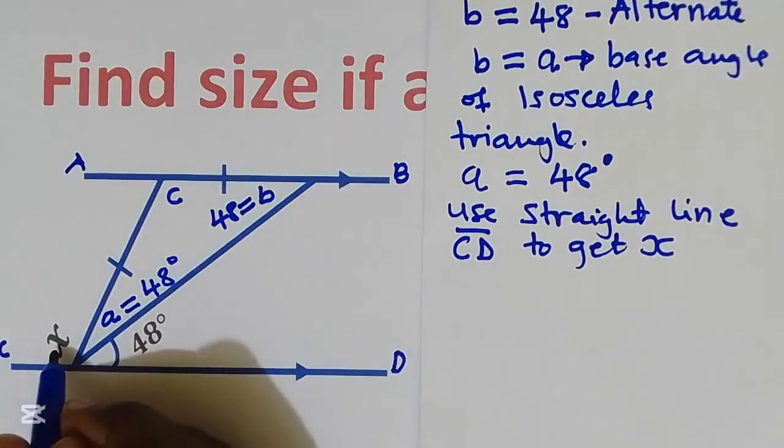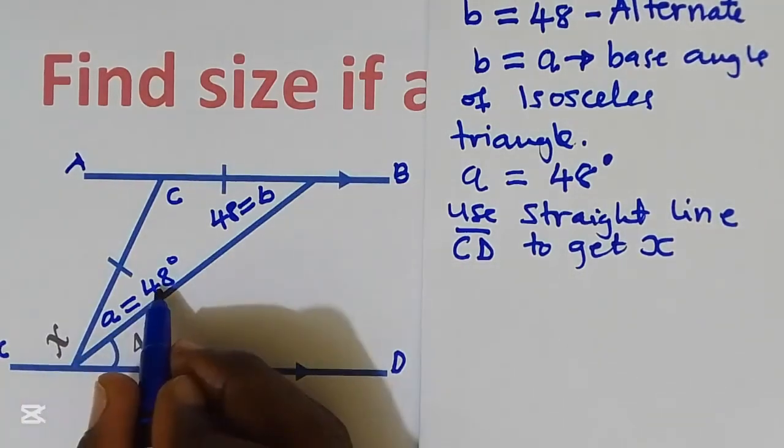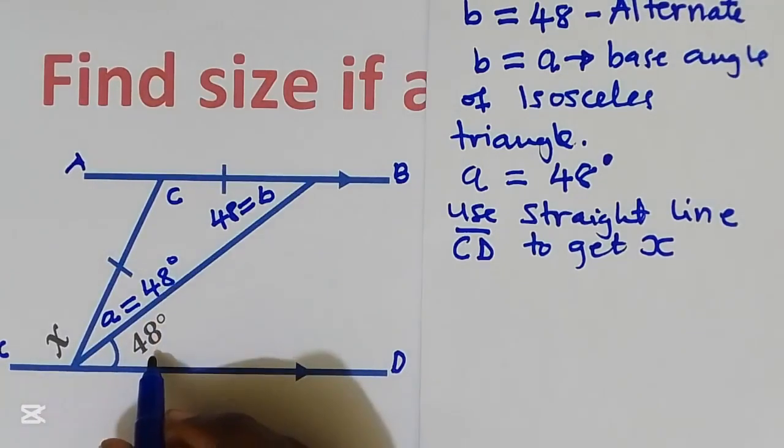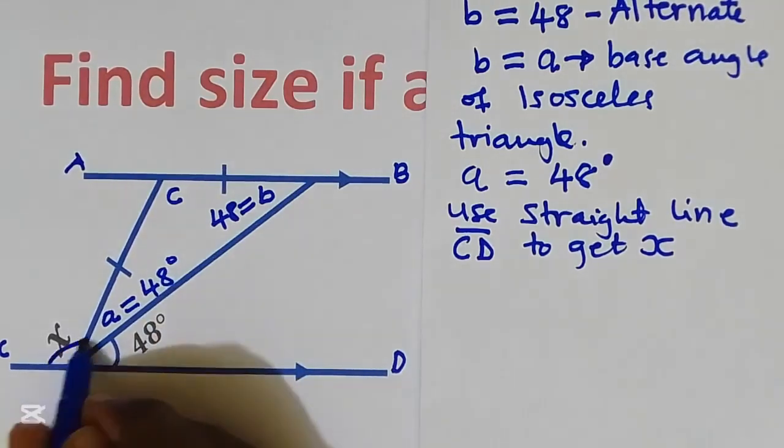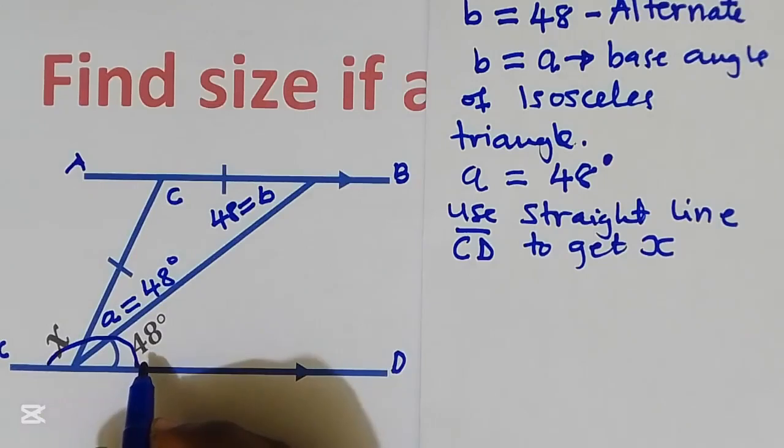So if I take X plus 48 plus 48, I'm going to form a straight line which gives me the sum of 180.